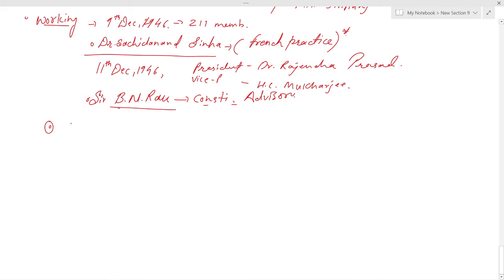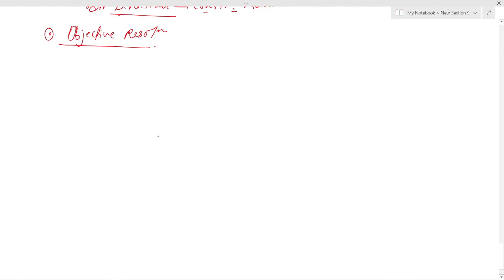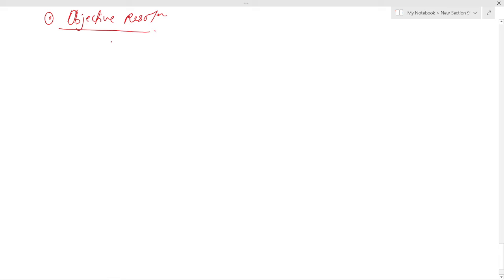The next topic that we will talk about is the objective resolution. One of the important topics here. On December 13th, 1946, Pandit Jawaharlal Nehru moved a historic objective resolution in the Constituent Assembly.